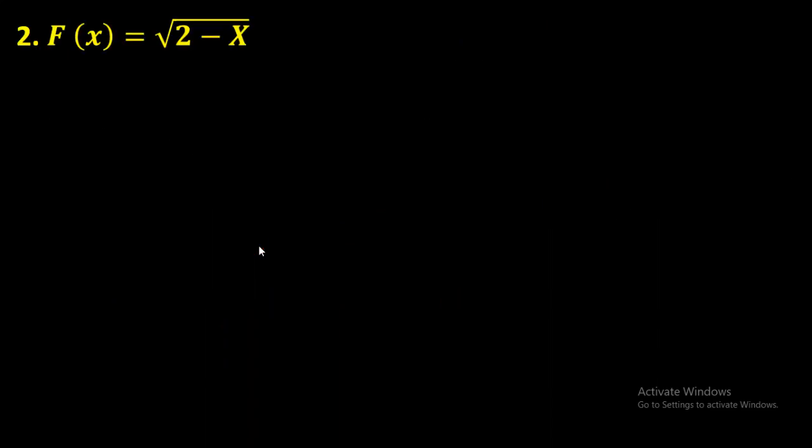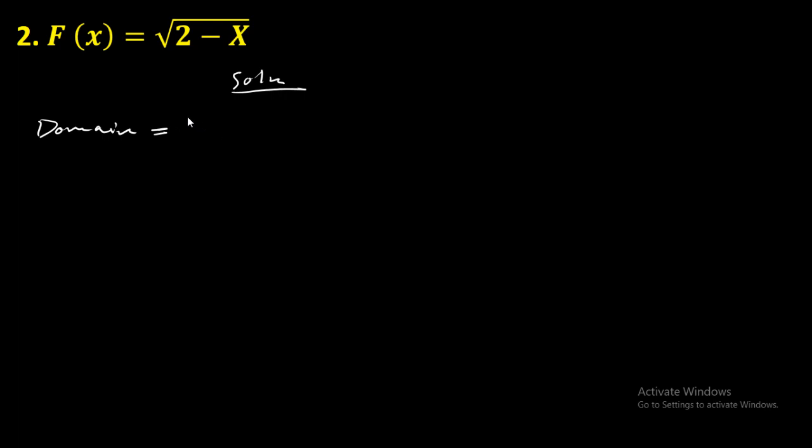So let's quickly move on and look at the next question. We have been asked to find the range of this particular function. Solution: like I said, for you to know the range, you need to know the domain. So we first need to look for the domain.